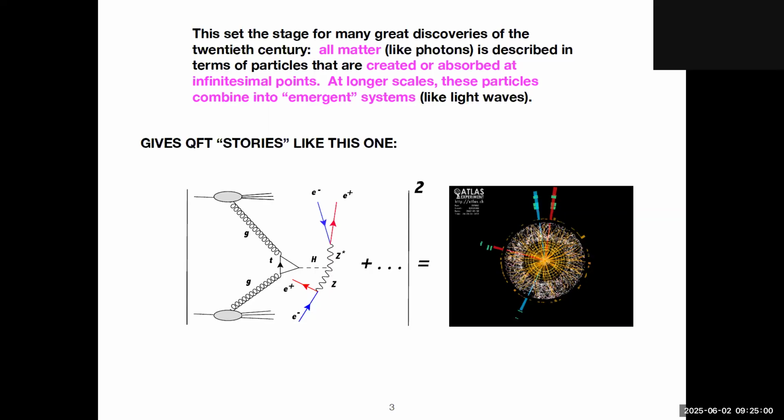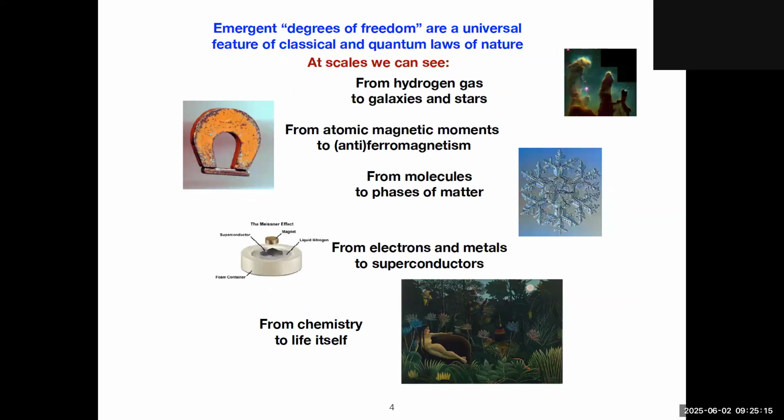Okay, so these are, in some sense, the triumph of this concept of quanta describing fields. One triumph, but it was a big one. So emergent degrees of freedom, when you put the quanta together, are a universal feature of both classical and quantum laws of nature.